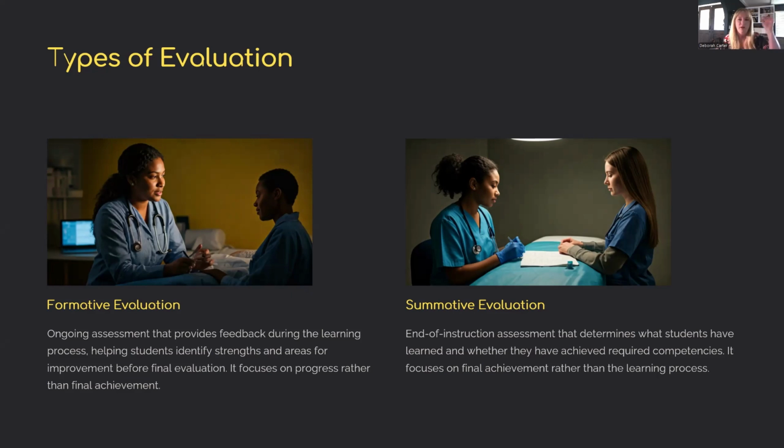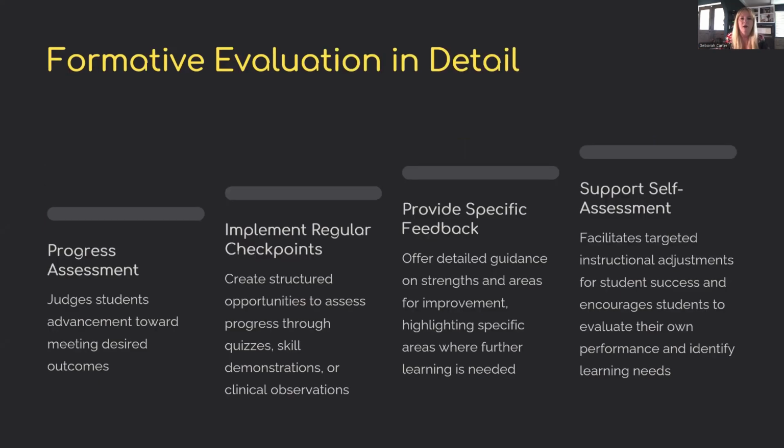So formative would be along the way, checking in along the way. Summative is the summary of everything that you're assessing. And there's places for each. Both are important. So we'll look at each one in a little more detail.